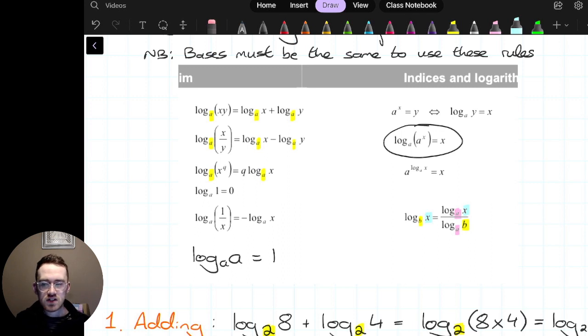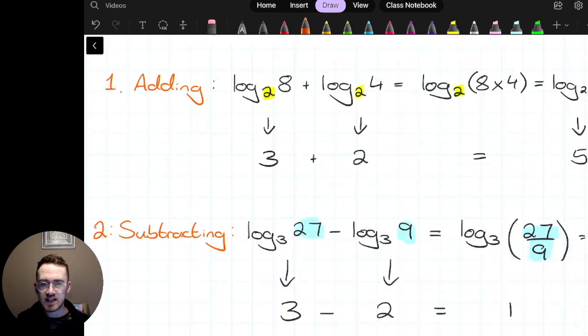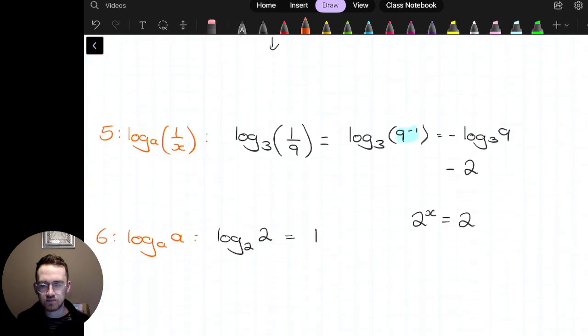So generally, to use these rules, the best thing we can do is simplify the terms. If we have a power written in front and multiplied at the front, the best thing to do is bring that back into the equation. Because up here, where we have these additions, we have no numbers at the front. It just makes it generally easier for us to work with.